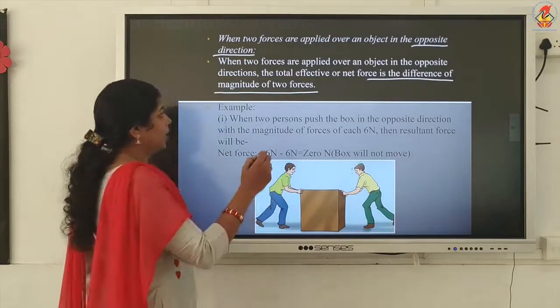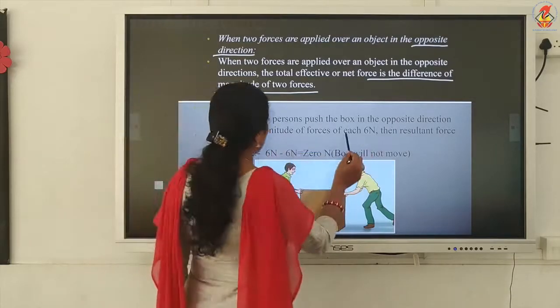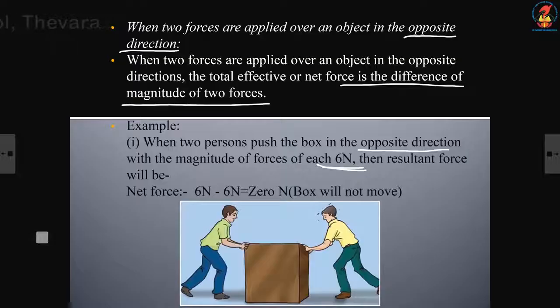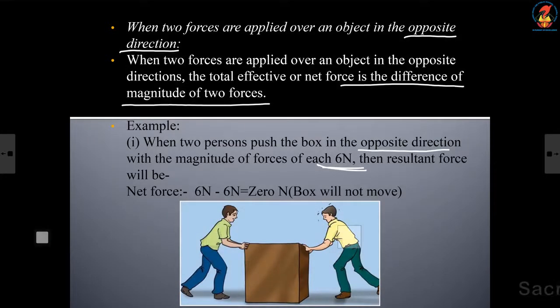Here one example is given. A 6 Newton force is acting in one direction, and a 6 Newton force is acting in the opposite direction. This person applies 6 Newton force, and this one also applies 6 Newton force.